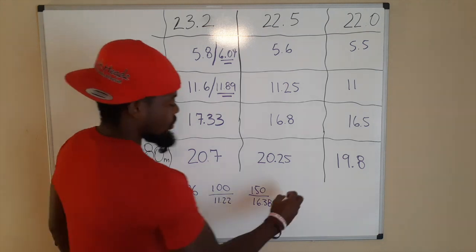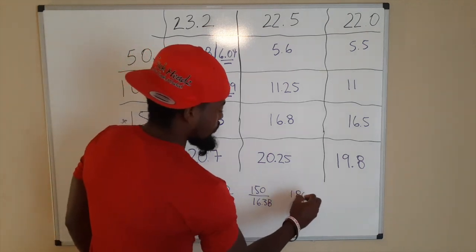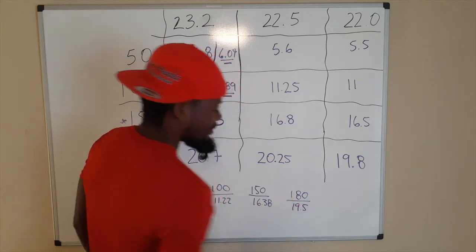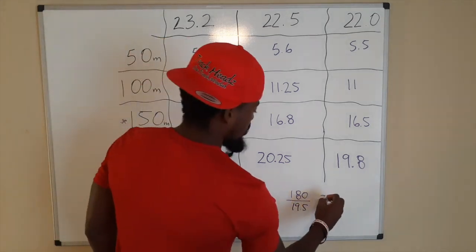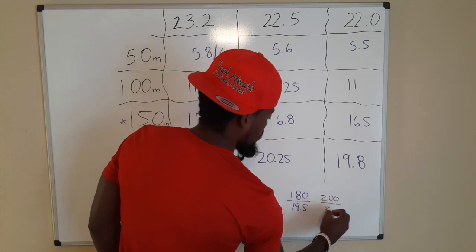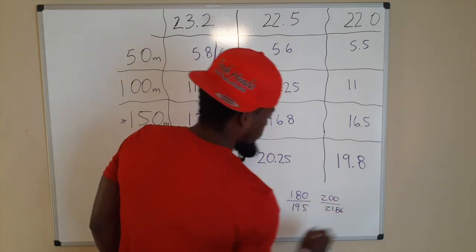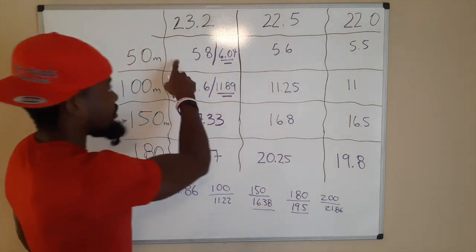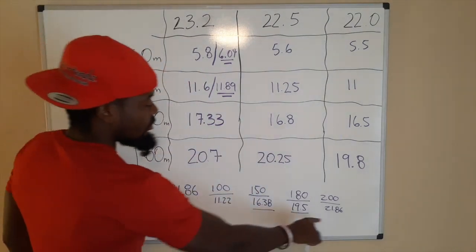Okay. When I went through the 180, I crossed through there at 19.5 seconds. And then I finished up my 200 and of course 21.86.